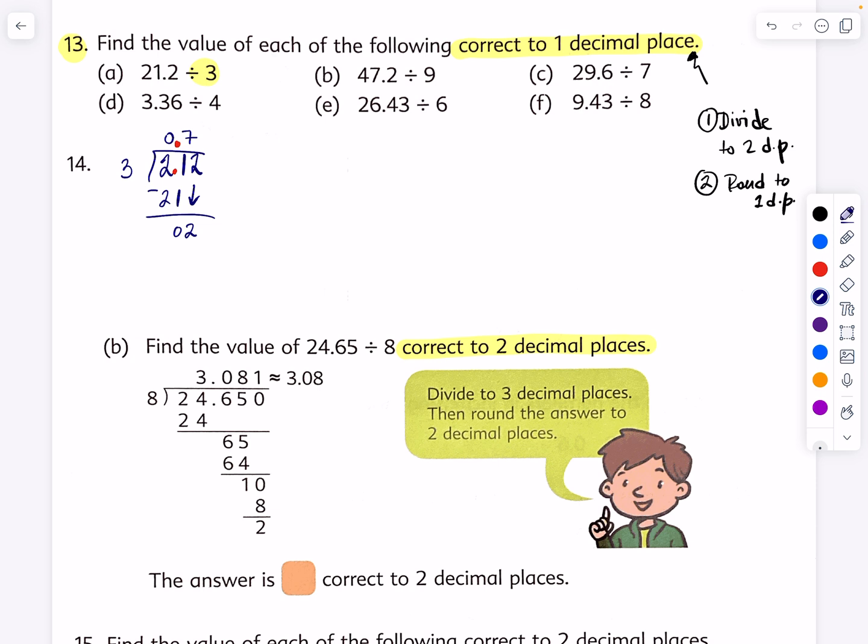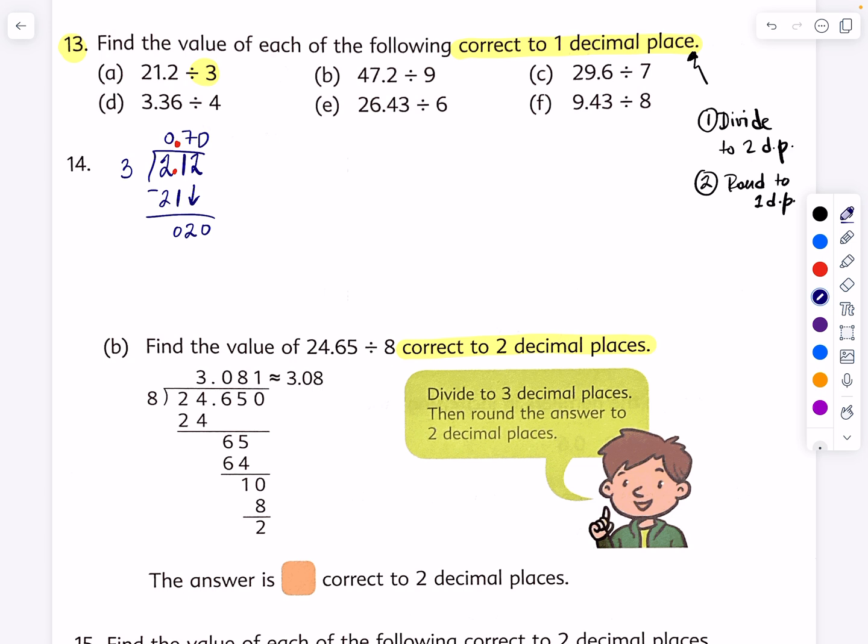3 goes into 2 0 times. Not a problem, 0 times. Are we done? No, we are not done. We need to find another decimal place. So 3 times 0 is 0. Now does 3 go into 20?